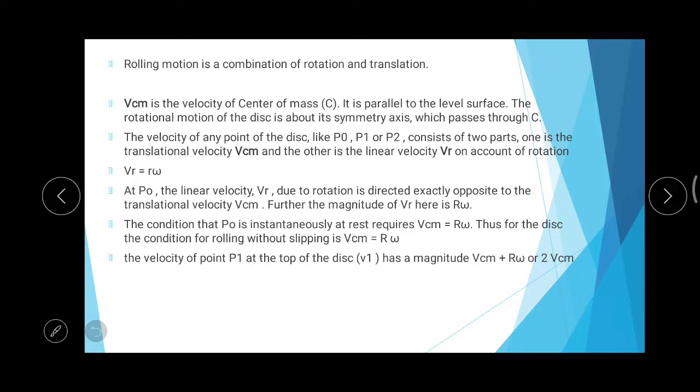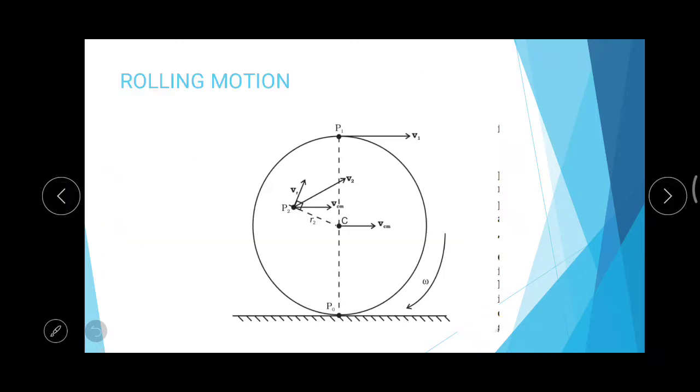So now if you are considering the point P1, it's the point over here. The direction of VCM and VR are both in the same direction. So total velocity V1 will be equal to VR plus VCM, where both values are R omega, equal and in the same direction.